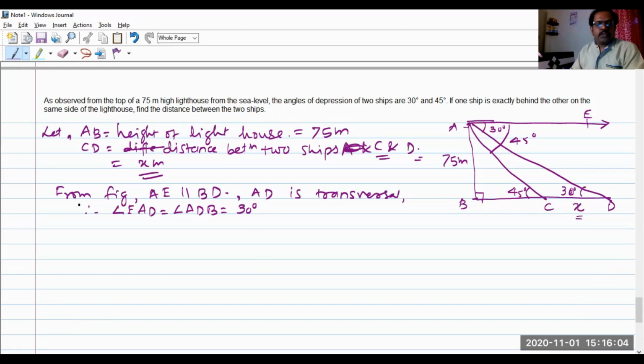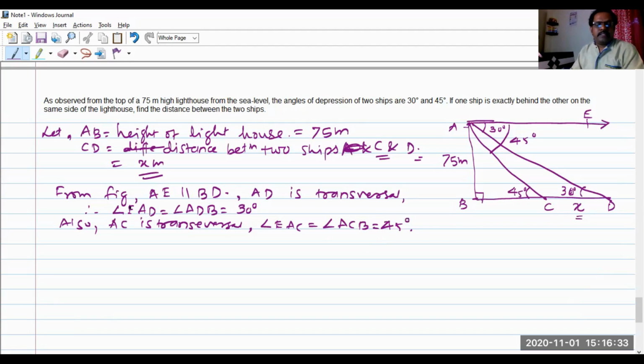Also from the same AE parallel to BD, when AC is a transversal, we have a pair of alternate angles: angle EAC is equal to angle ACB, whose measure will be equal to 45 degrees.